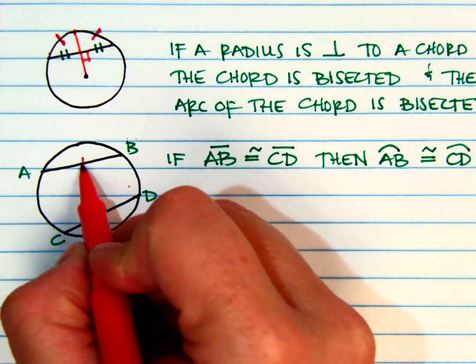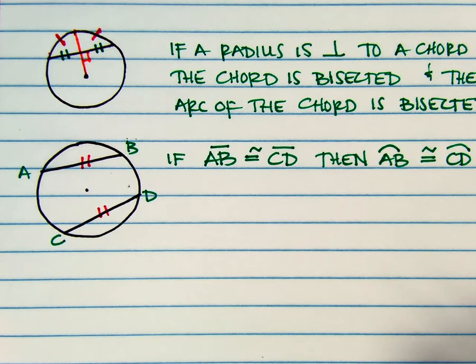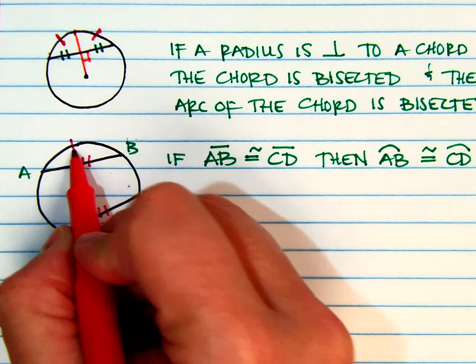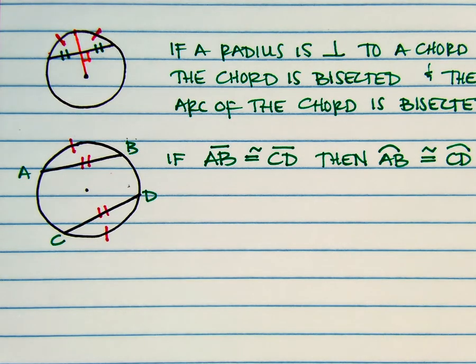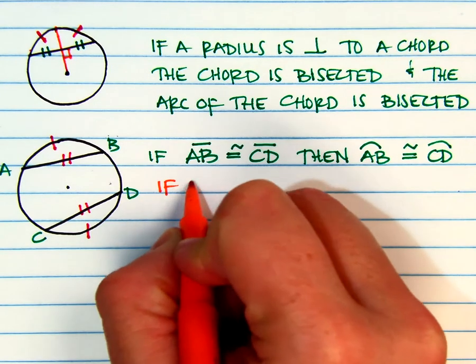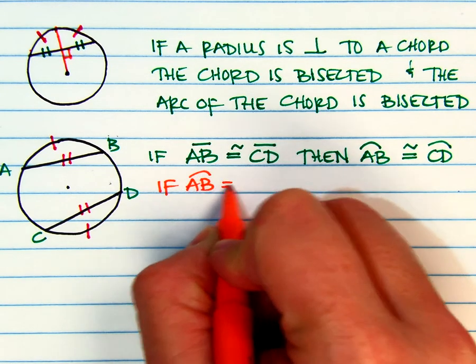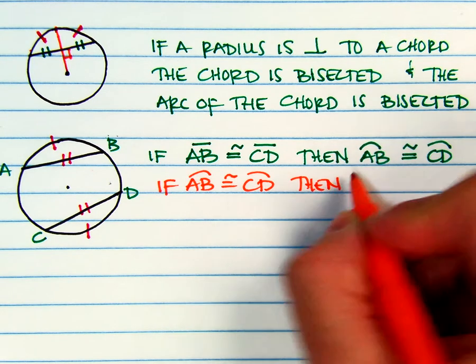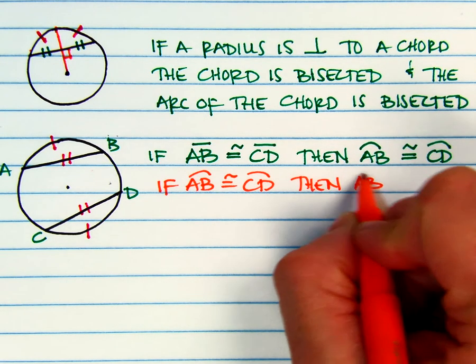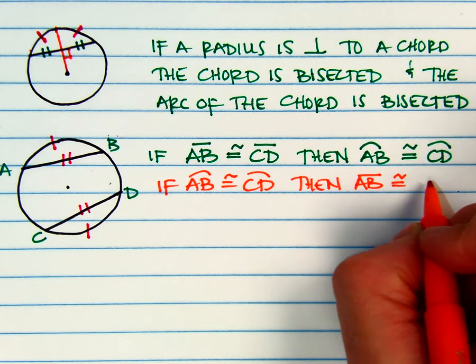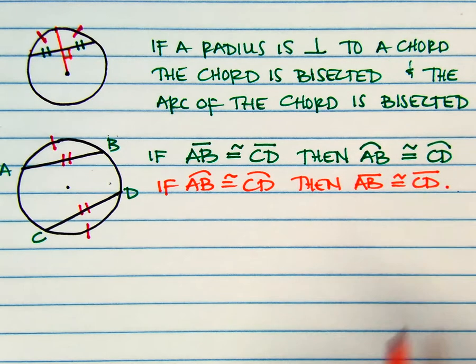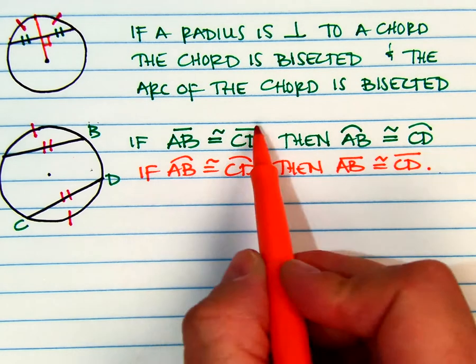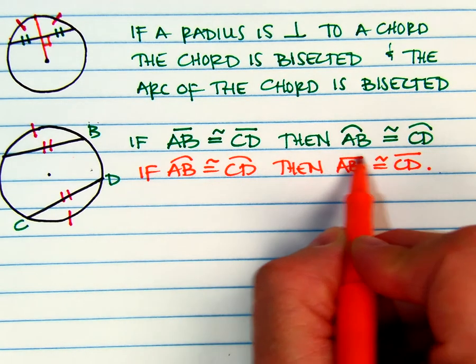So if I know that these chords are congruent, then I also know that the arcs are congruent. And you can also do the converse of that, meaning if the arcs are congruent, then the chords must also be congruent. Notice what I'm doing is I'm making sure that I'm using the symbols because we have arcs and we have segments.